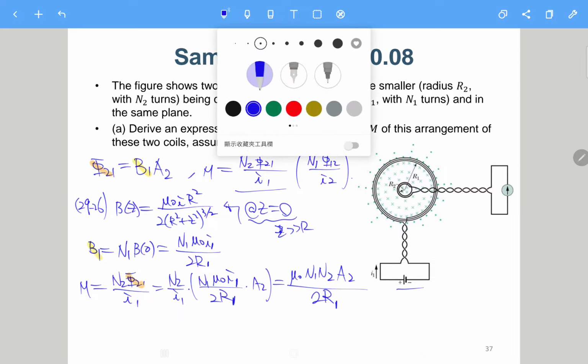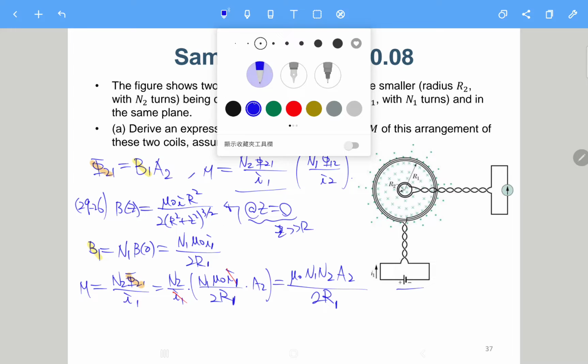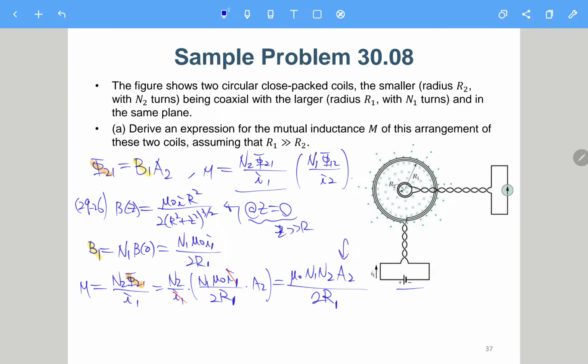Actually this I1 and this I1 cancel. So this is the mutual inductance, and there is something we can still plug in, because A2 is not a known variable. The known variable is the radius, so we should plug in A2 equals pi R2 squared.